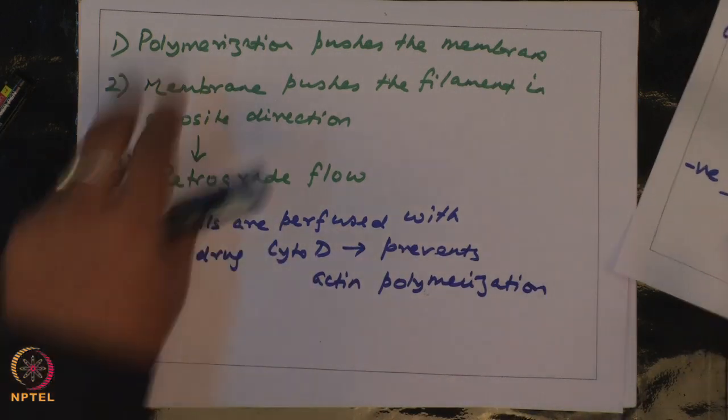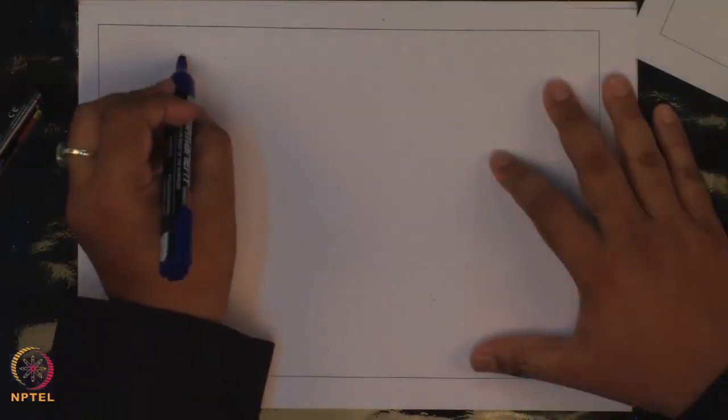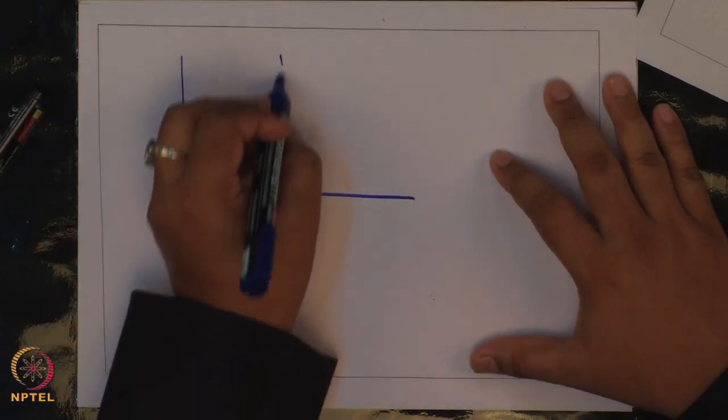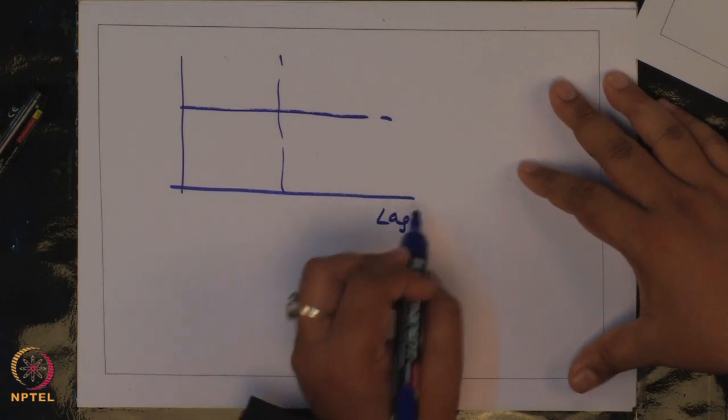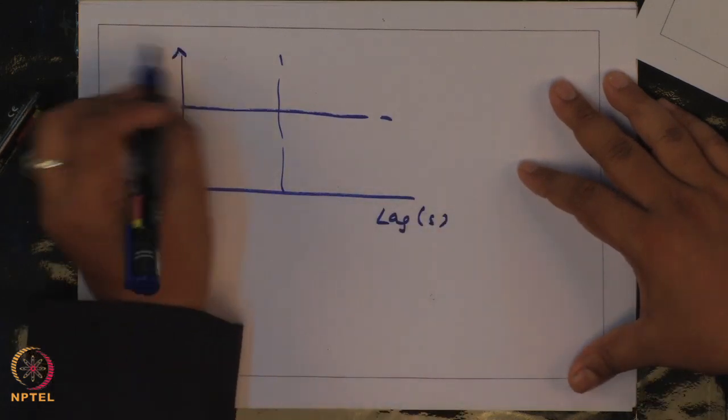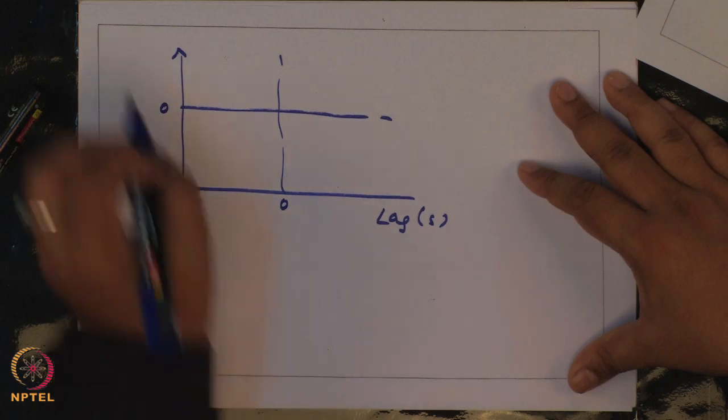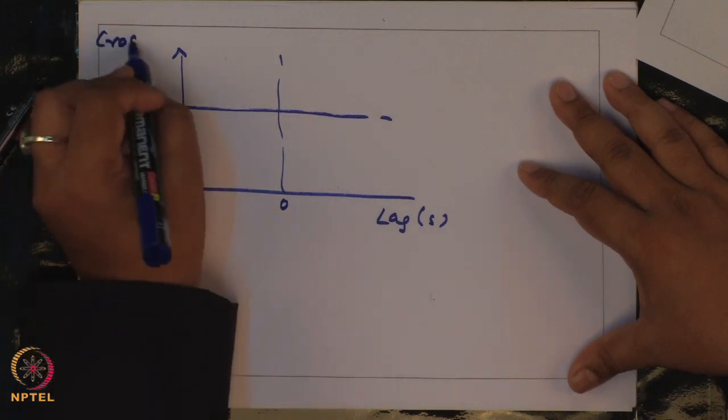Okay, so in terms of cross correlation, you have the following. This is lag time and this is cross correlation. So, this is 0, 0, this is cross correlation.